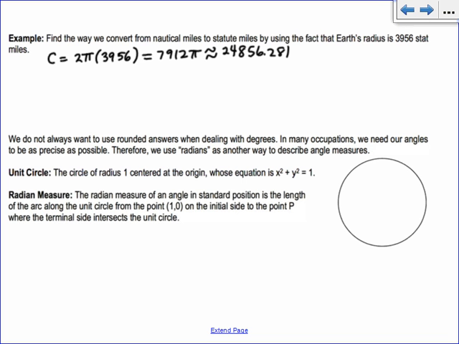So that's the whole circumference. If I was finding how much 1 degree is, I take that number. How many degrees are there going all the way around the circumference? 360. So I'm going to divide by 360 degrees, because I want to find for 1 single degree.